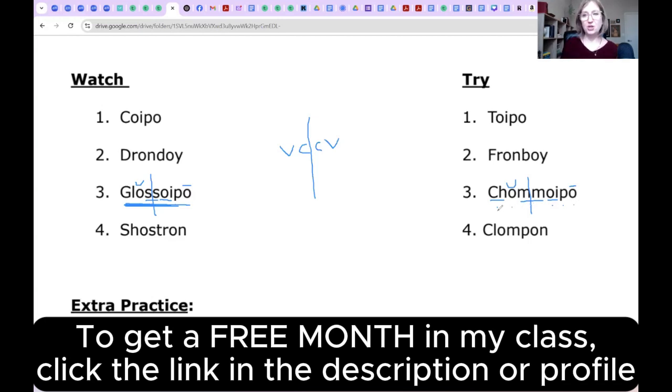We have chom, chom. I'm going to start with this M, even though I already said the M over there. When you blend it all together, it's only going to make one sound anyway. So we have oi, p, o. Moi po. Pushing all of that together, you have cha moi po.